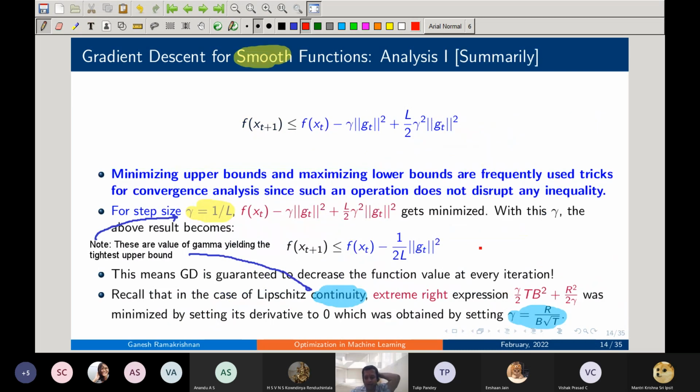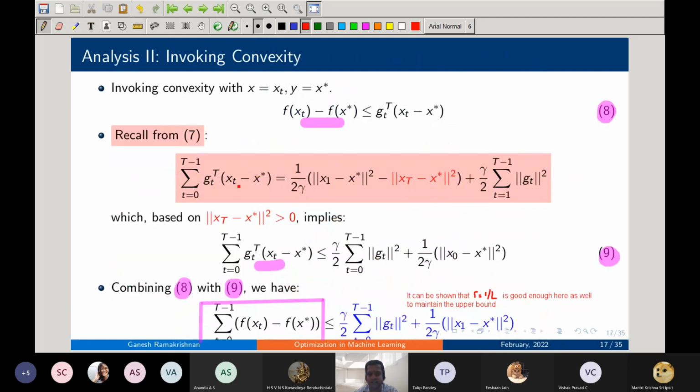It was RB upon square root T. Now it's possible that RB upon square root T is indeed yielding a value which is less than 1 by L. That's how you'd prove it, and that's actually the way of proving. So if it holds for 1 upon L, it holds for any other. That's the idea. So there's no rocket science here.